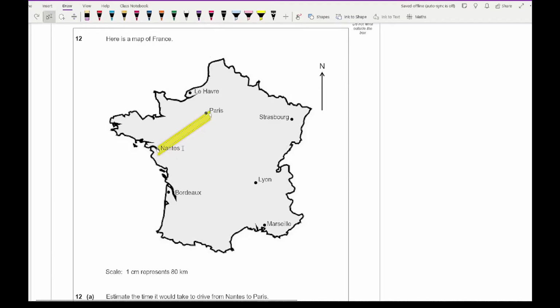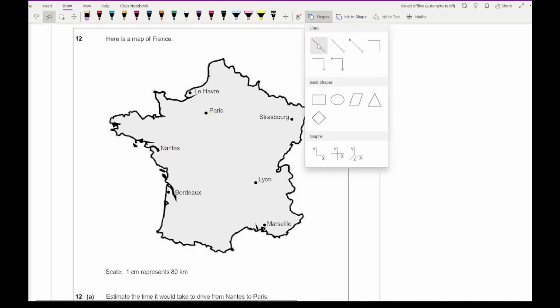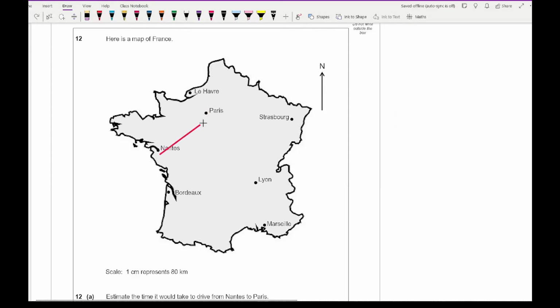So let's just change that and try that again. Now, depending on your printout, if you have printed this question out, your length might be different to the one that I've got, but this distance here should be somewhere between 3.8 centimetres to 4.2 centimetres.